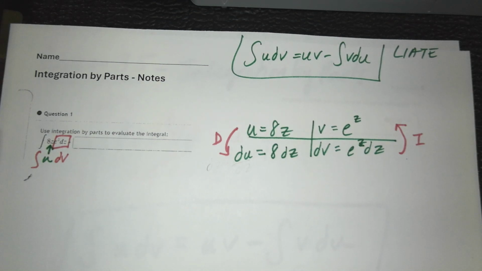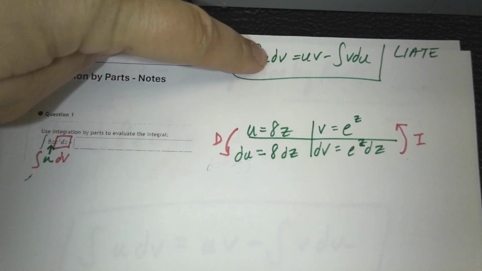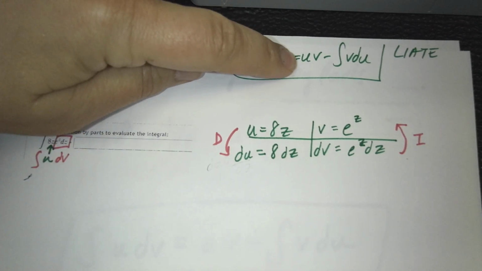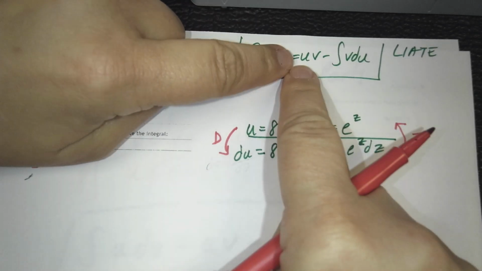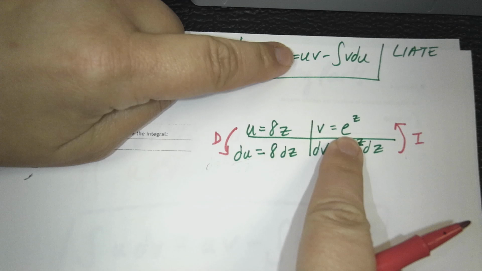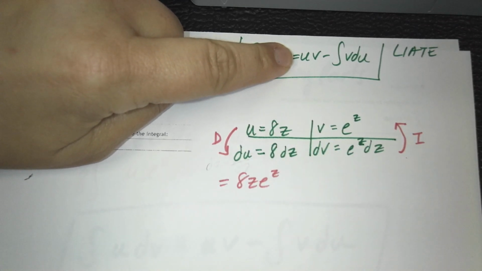Now we're going to follow the formula up here. This part I already have, that's the original, correct? So I'm going to start at where the equal is and follow the formula. The formula says take your u and multiply it with the v, u times v. So guess what I write? 8z e to the z.